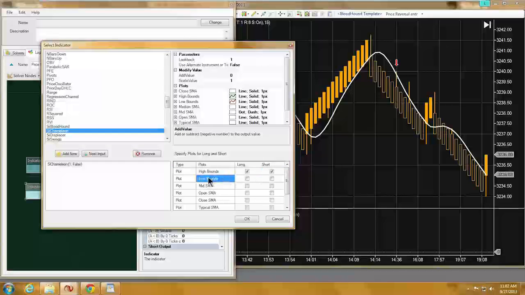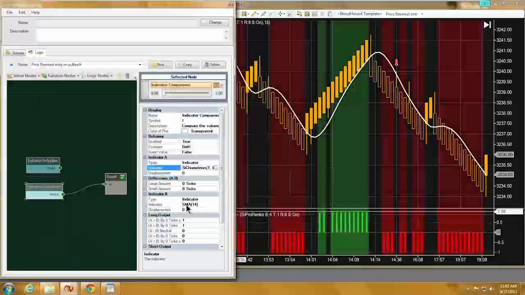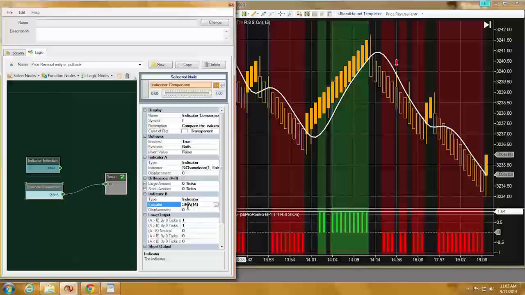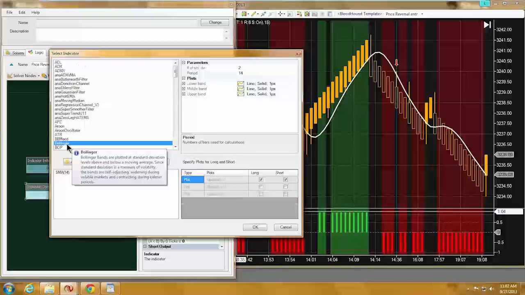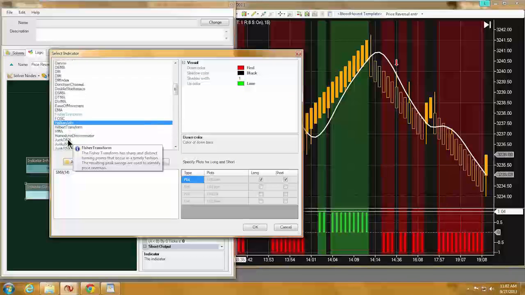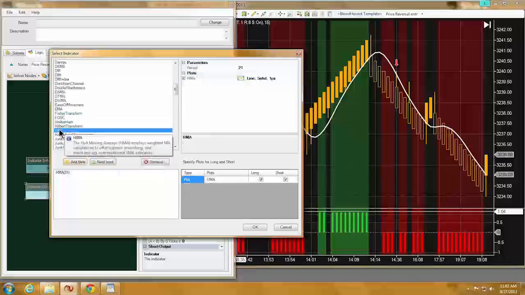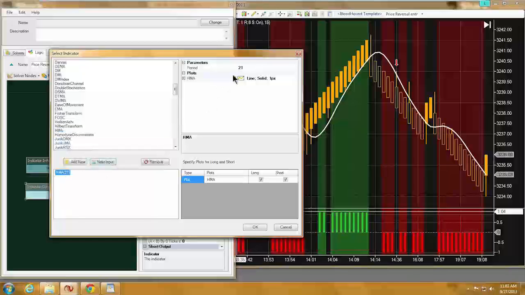And then we'll be using the low price to generate the long signals. And then next we need to set this up to our indicator, our HMA. So I'll add the HMA down there, and I shortened it down to a 15 period.